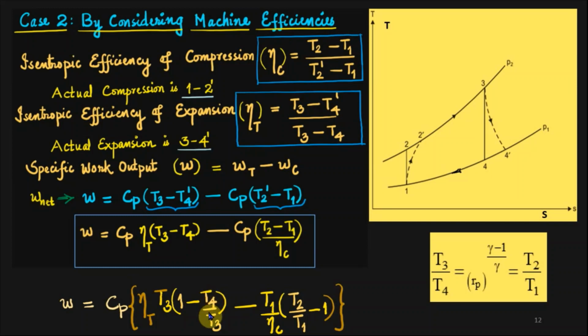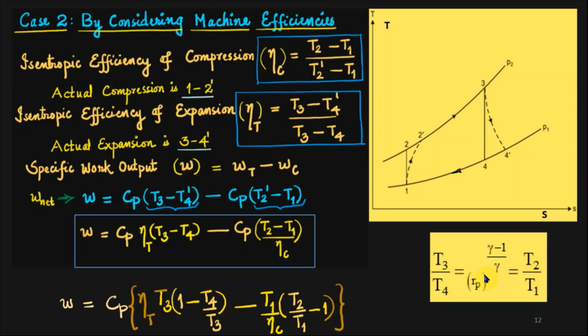Because T4 by T3 and T2 by T1 you can write in terms of the pressure ratio, because we already know T3 by T4 during the isentropic expansion is equal to Rp raised to gamma minus 1 by gamma, where Rp is P3 by P4, and T2 by T1, the temperature ratio during the isentropic compression, is also given by the pressure ratio raised to gamma minus 1 by gamma, because Rp is also equal to P2 by P1.